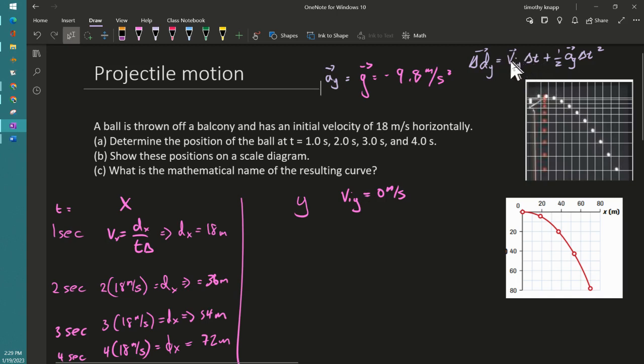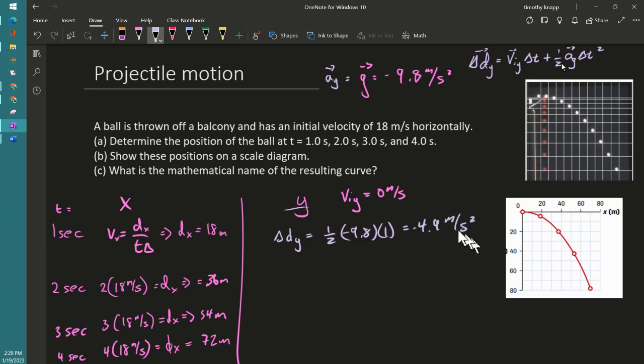So I can figure out my displacement in the y direction by just canceling out this term, because the initial velocity is always 0, and then inserting various times, 1, 2, 3, 4, into this section of the formula. So for my 1 second situation, my dy is 1/2 times negative 9.8 times 1, or 4.9 meters.